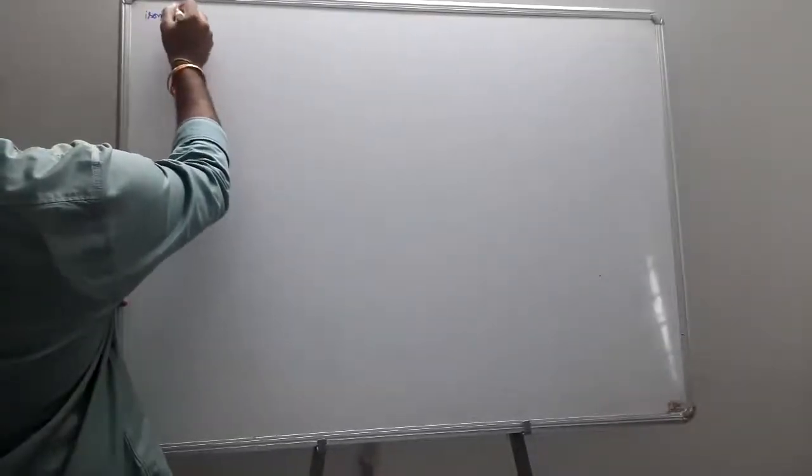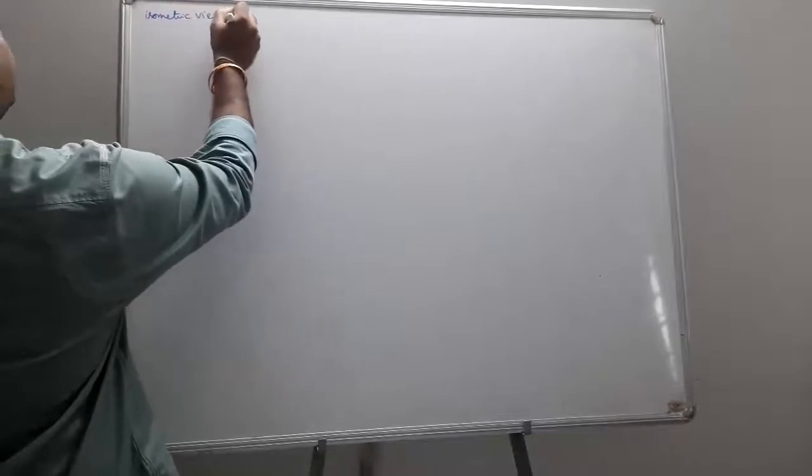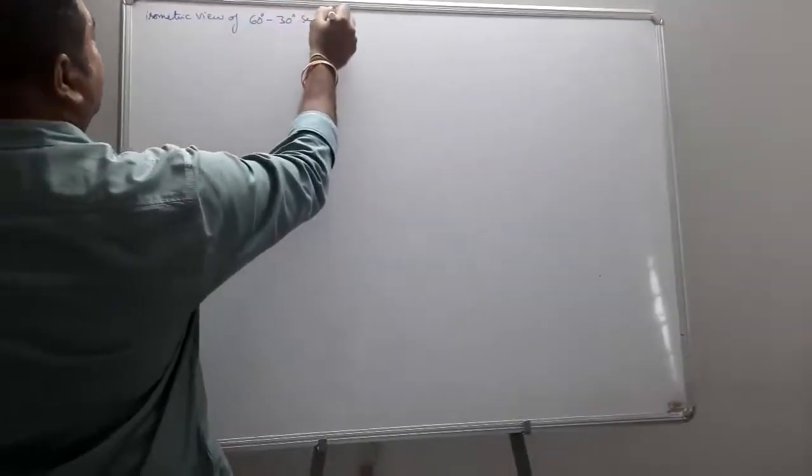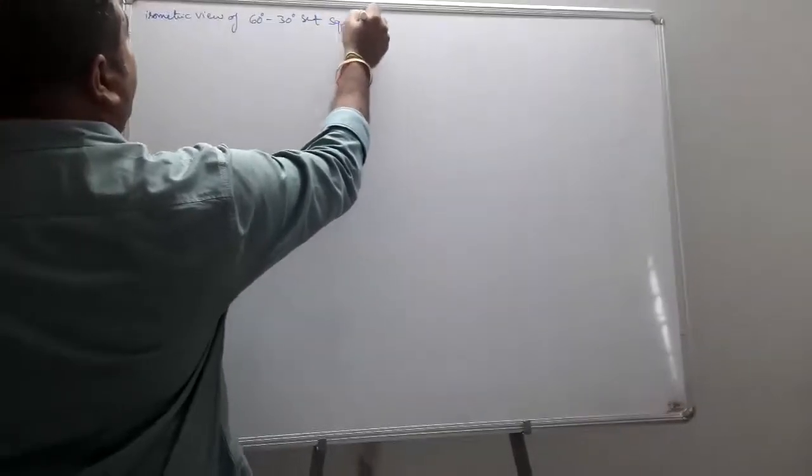Now let us consider, draw the isometric view of a 60-30 set square. Let us see a 60-30 set square with its surface parallel to VP.